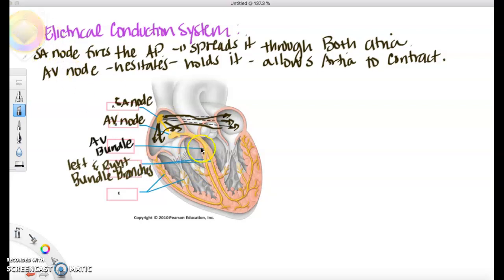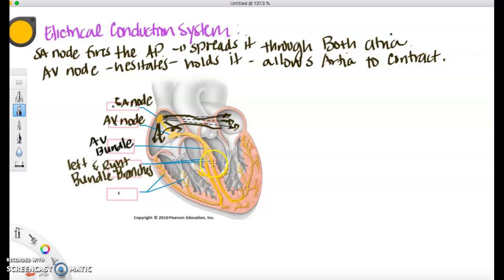And that action potential is going to continue to travel down the bundle branches, down the interventricular septum. And the muscles there in the interventricular septum are going to start to contract. And it's going to send that action potential off those branches.